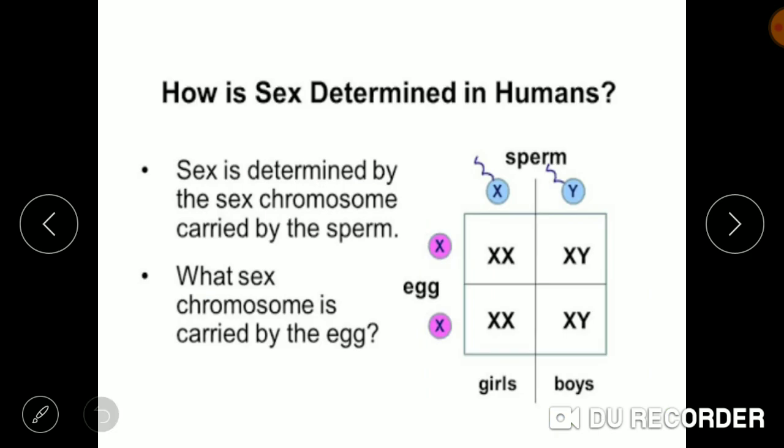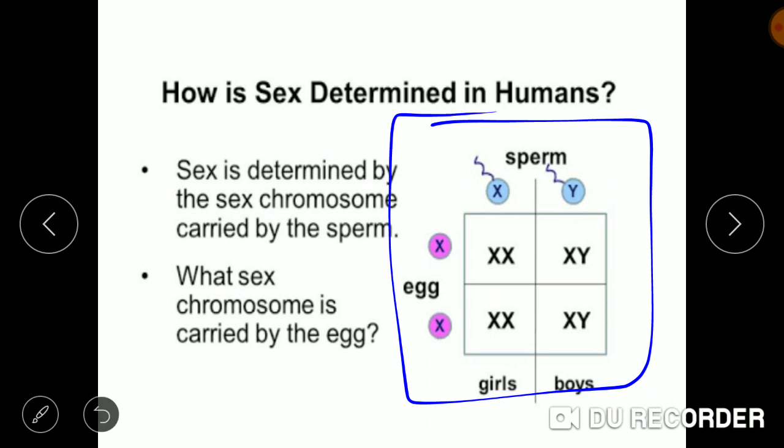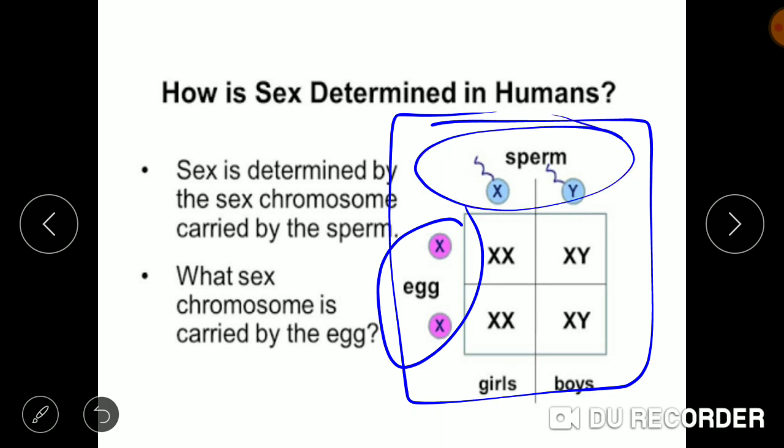Now this is making things more clear. This is a Punnett square shown over here, and on one side we have taken the female gamete, on the other side we have taken the male gamete. And we have written the alleles of both of the gametes separately. Now let us perform the Punnett square.